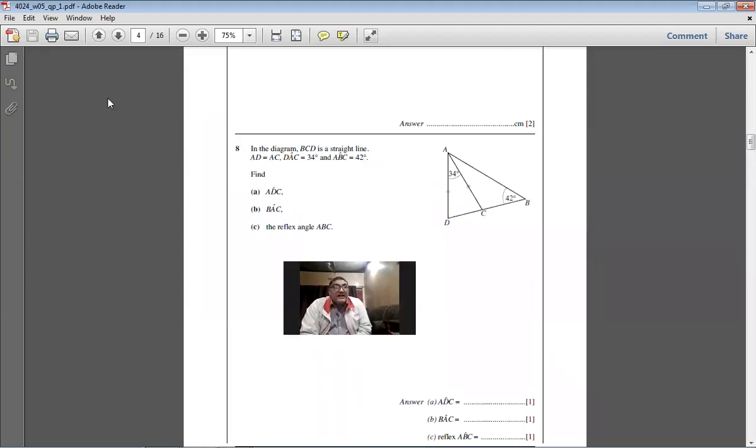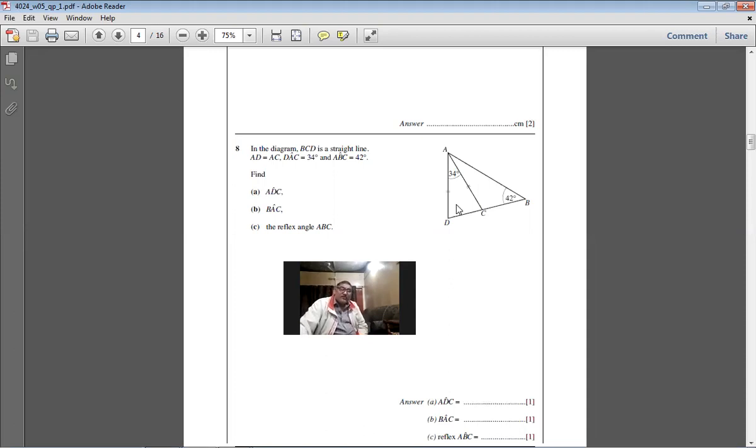It says in the diagram, BCD is a straight line. AD is equal to AC, they both are equal. DAC is 34 and ABC is 42. Fine. The first question is, what is the value of the ADC angle?